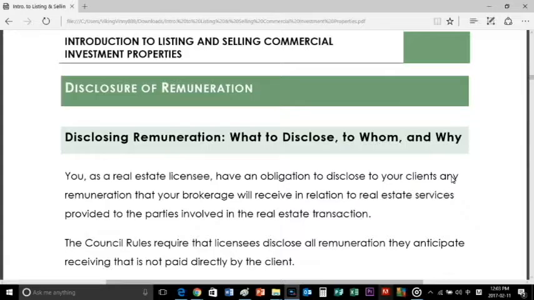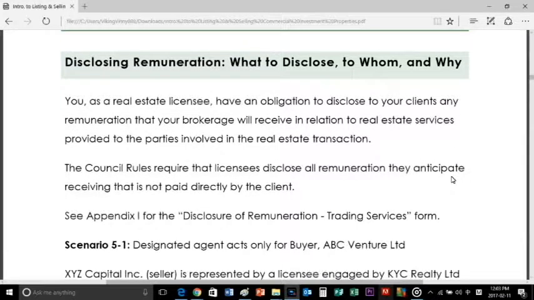Disclosure of remuneration. Disclosing remuneration: what to discuss, to whom, and why. You, as a real estate licensee, have an obligation to disclose to your clients any remuneration that your brokerage will receive in relation to real estate services provided to the parties involved in the real estate transaction.